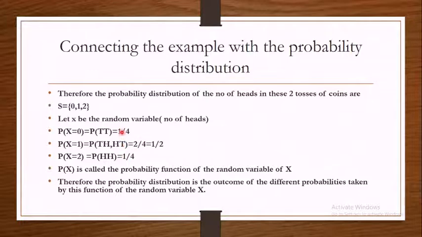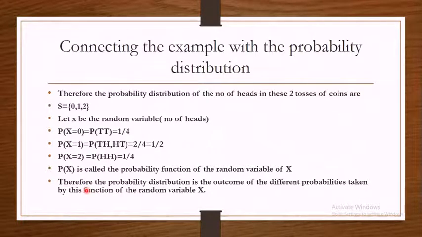Here, in this case, the different probabilities of 1 by 4, 1 by 2, 1 by 4 are taken by the function. The function is something like P of X, of the random variable X. Here the P of something is P of X. I hope you can connect this sentence with whatever I have written over here.